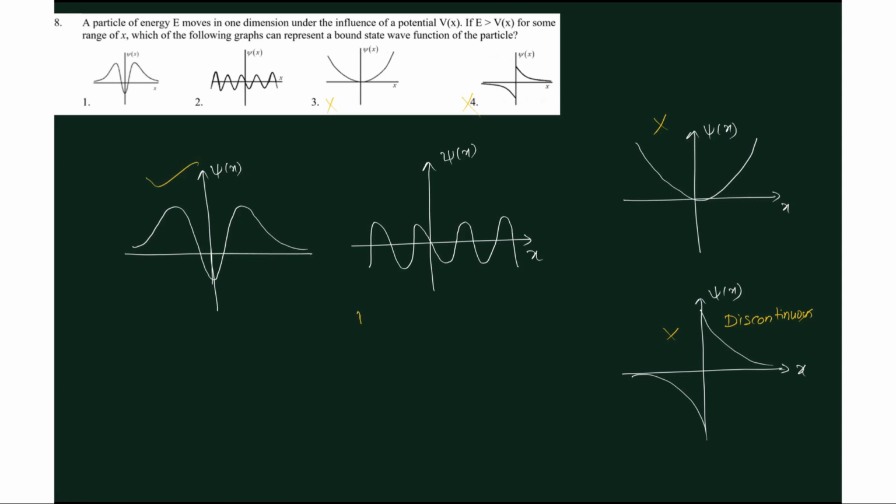Then what's wrong with the second one? It's sinusoidally varying, but actually it is not coming to 0. It must tend to 0 like this, like this, like this, but it is not like this. That's why the second is also wrong. So the answer is 1.